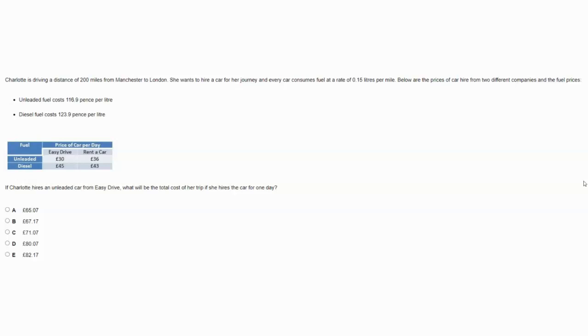And the car will, for the 200 miles, use 0.5 litres per mile. So I'm going to do 0.15 litres times the 200 miles, times the price in pence, plus the car hire. Exactly, yeah.